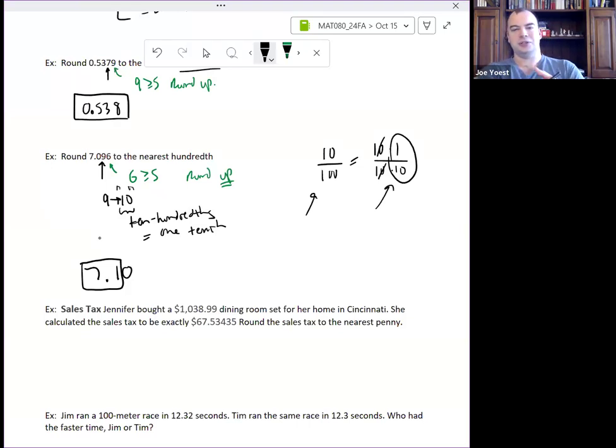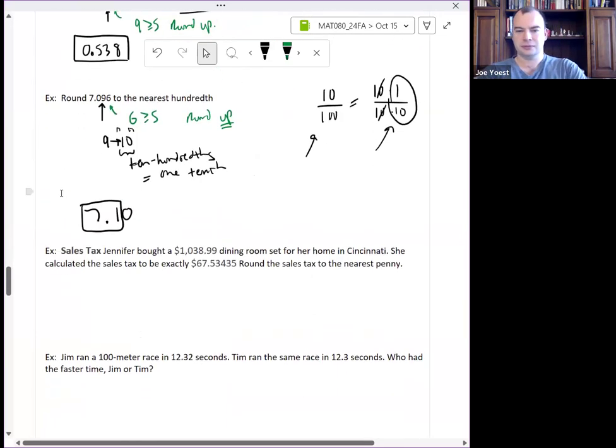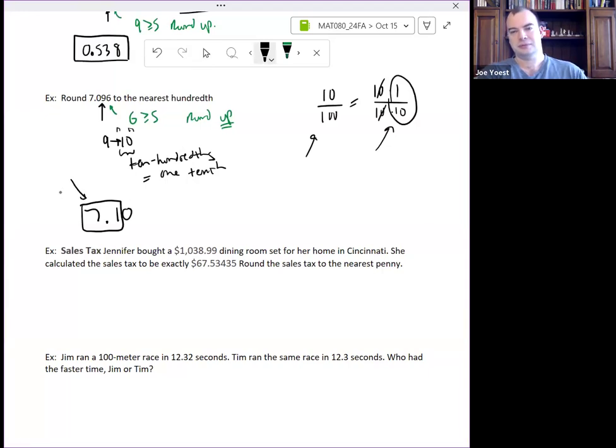The 9 increases to 10, but the 9 rolls to a 0 and we carry the 1 over. I wonder if that was the situation for something like this. If this had been something like 5.981, we'd round it to 6.0. So that might be the case. But here our answer is 7.1.